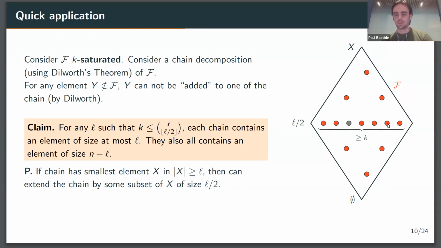So it cannot contain k elements on this middle layer, which means that there is someone that is indeed not in my family, which is a contradiction. Hope it's clear. So this proves the lemma for sets of size at most L, and for sets of size at least n minus L, this is exactly the same argument, but done at the top of the poset.